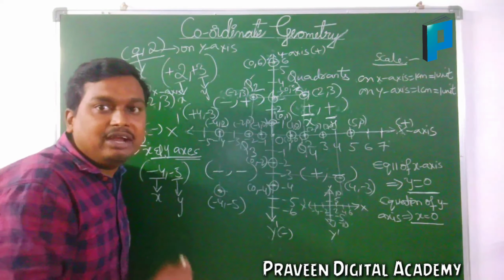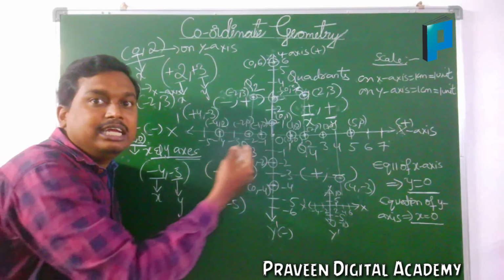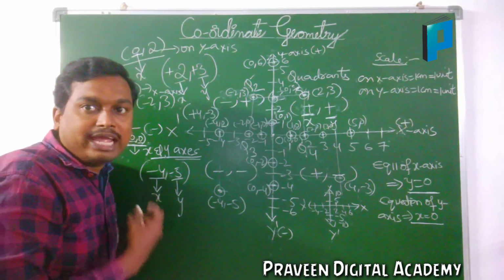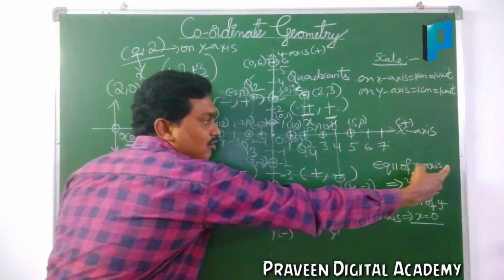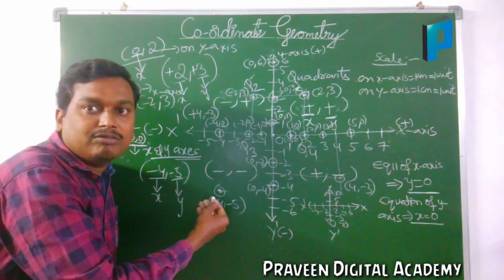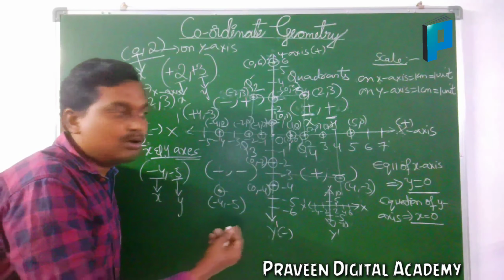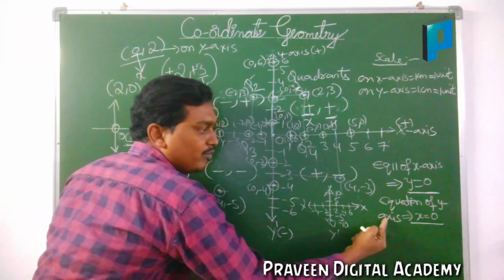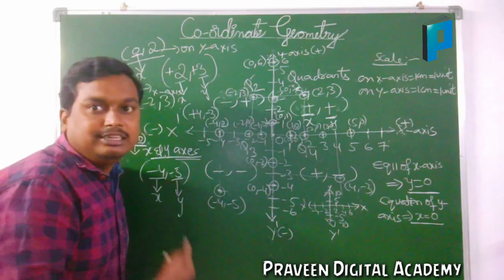These are two very important points. What is the equation of the x axis? The equation of the x axis is y is equal to 0. If you want to know the equation of the x axis, y should be 0. If you want to know the equation of the y axis, x should be 0.